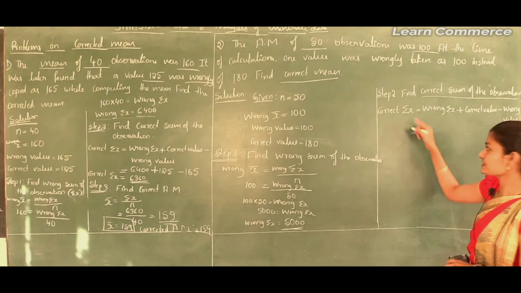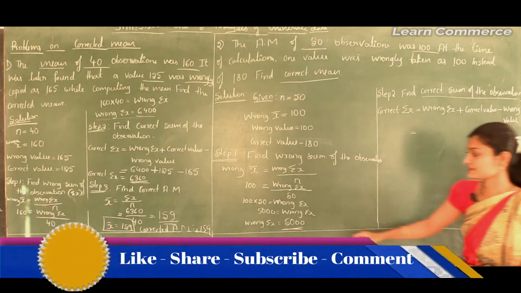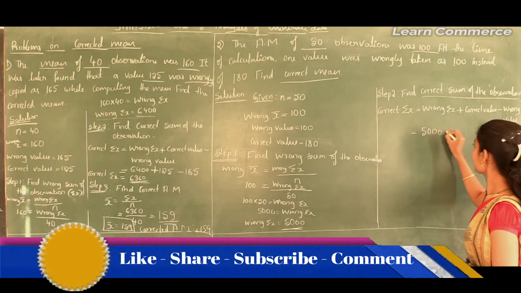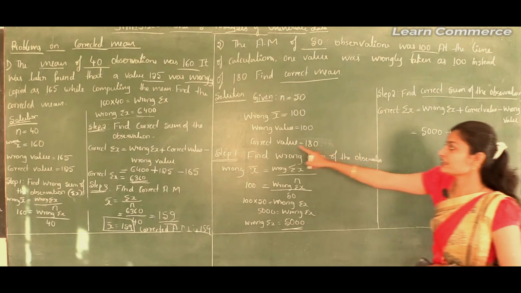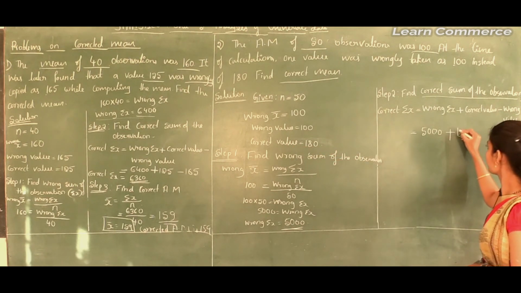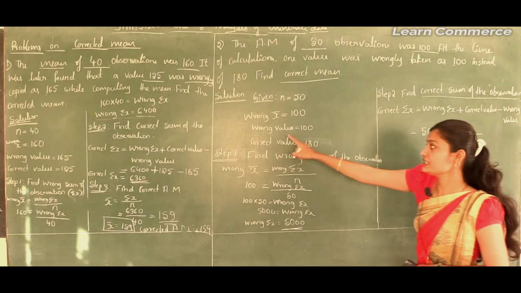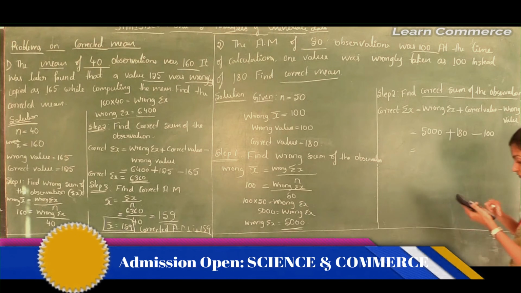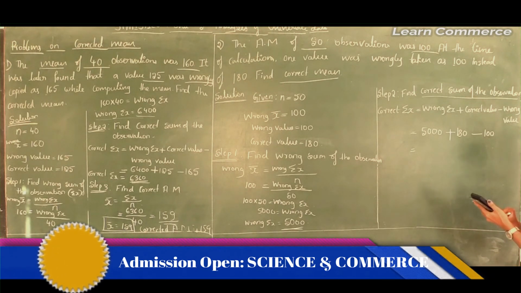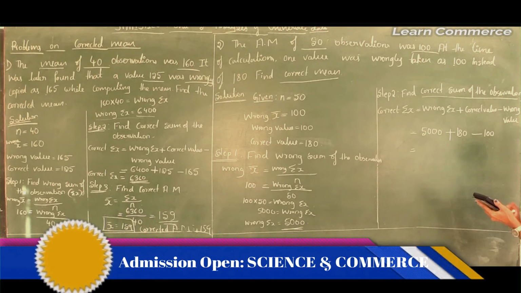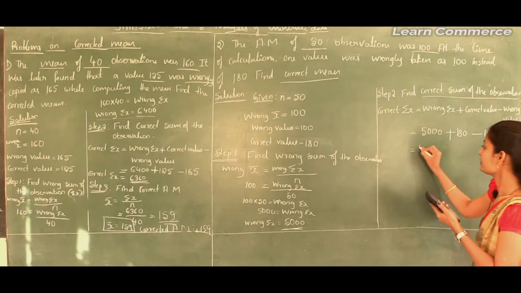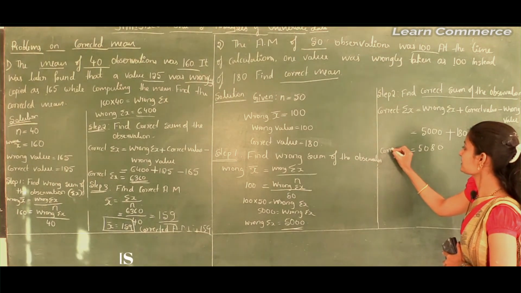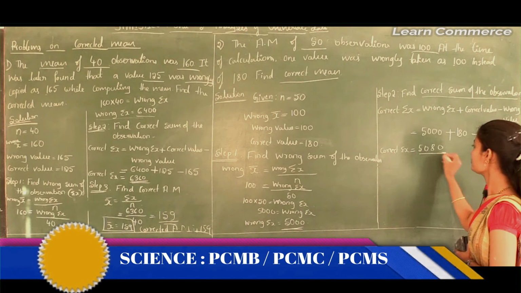Here wrong summation x is 5000, plus correct value 180, minus wrong value 100. So this is equal to 5000 plus 180 minus 100, that is 5080. So the correct summation x, or correct sum of the observations, is 5080.